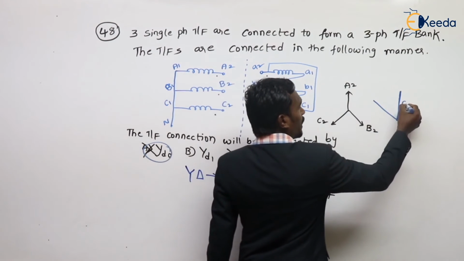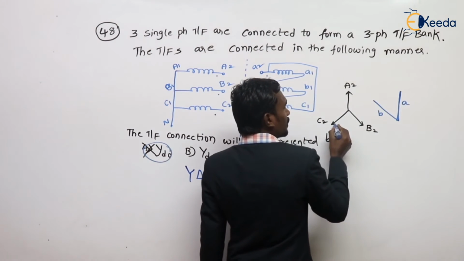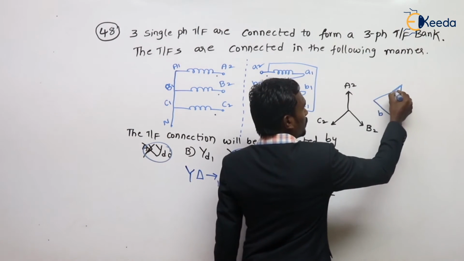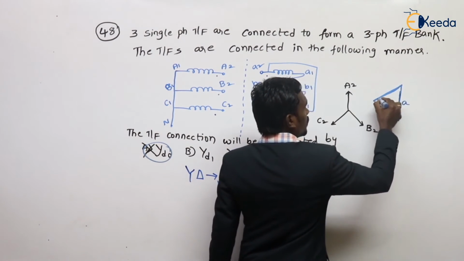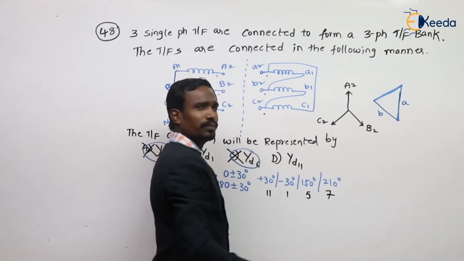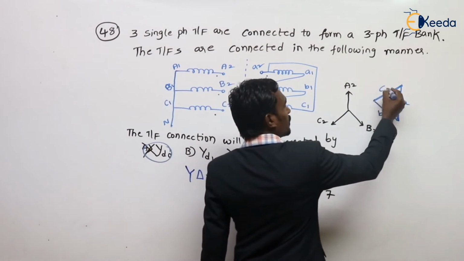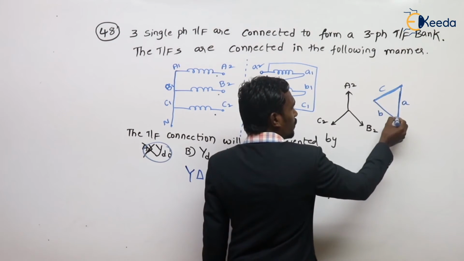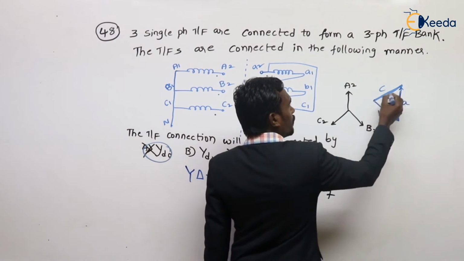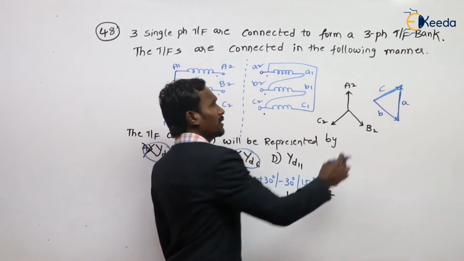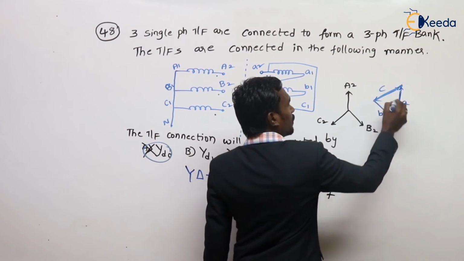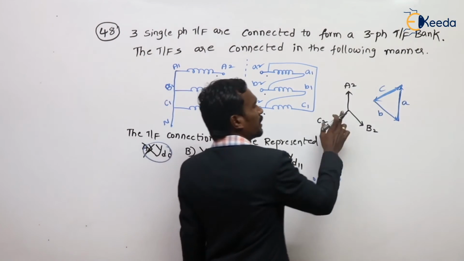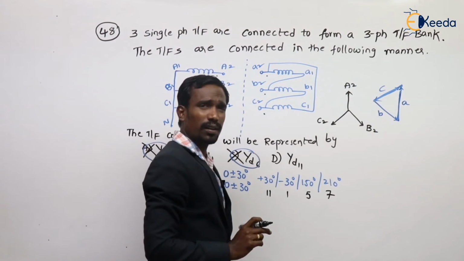This is A, this is B, and this is the C vector, and the C vector is also the same. A, B, and C. These are the three vectors. What are they? Arbitrary equivalent of this star.